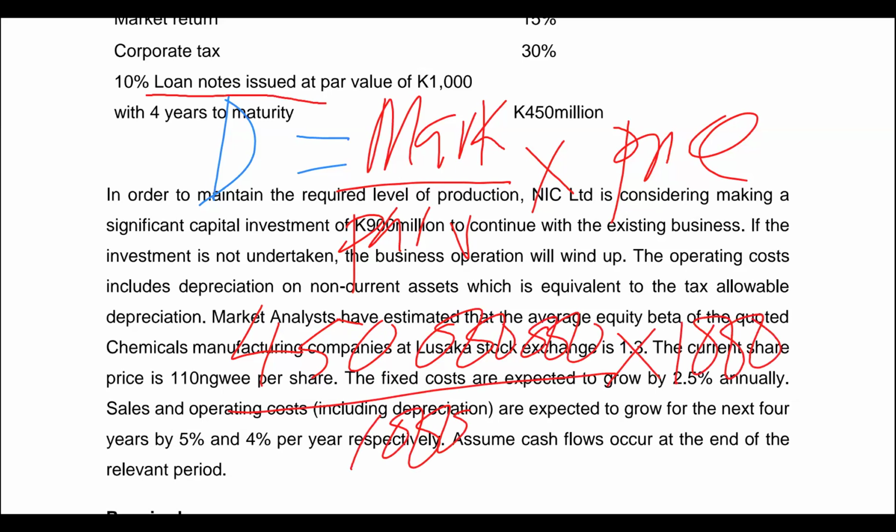Those are points to take home. Most of the questions will be clear. They will tell you that the debt is trading at this much, then that will be the price of debt. But if they have not said it's trading at this much, then they have said it is issued at par value. Then just know that the same par value is the price.